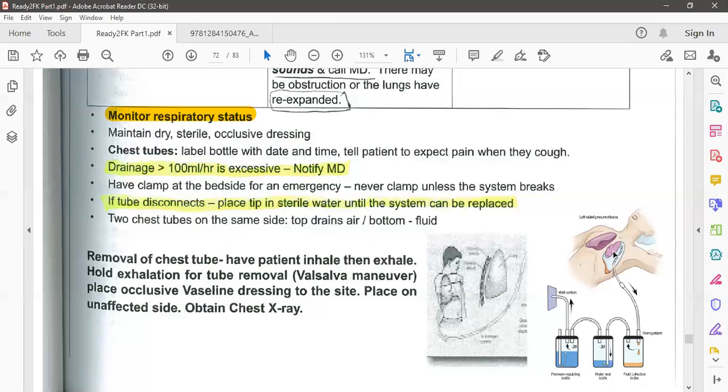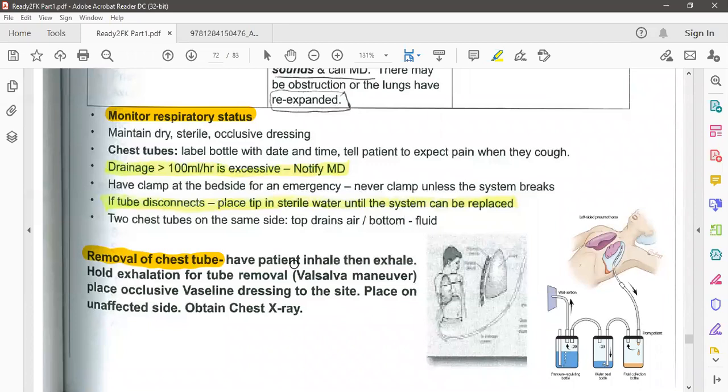Now going to talk about the chest tube removal, right? Say removal of the chest tube. So have the patient inhale and then exhale. During removal, it is very important to educate or teach your patient before starting the procedure.